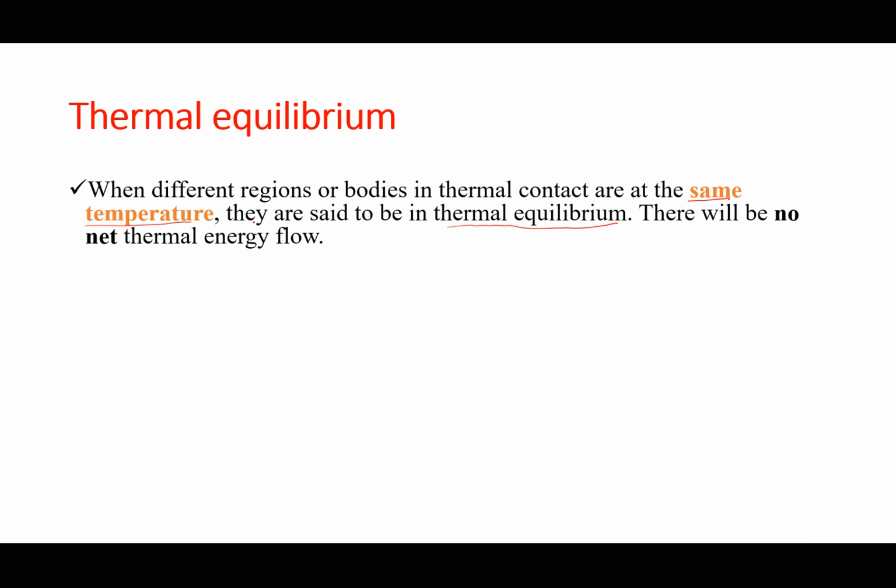Two regions, two points at the same temperature are said to be in thermal equilibrium, and when thermal equilibrium is established, there is no net thermal energy flow in any particular direction. There is still energy, there is still flow of energy, but there is no resultant flow of energy in any particular direction. We therefore say thermal equilibrium has been established.